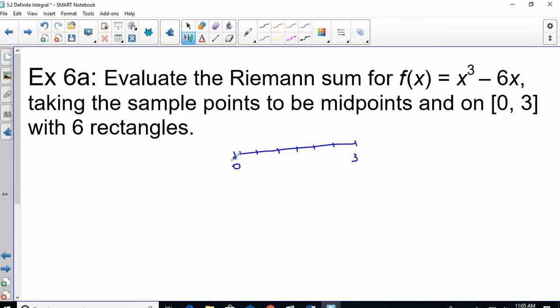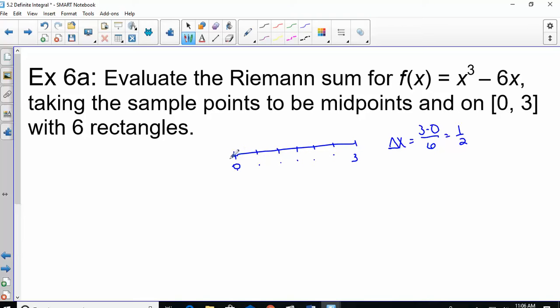If I were asking you to do a left or right hand sum, or the over and under estimate, the first thing you did was find your change in x. So 3 minus 0, we're splitting it up into 6 rectangles, so that's 1/2. If I said I wanted the left hand sum, then you would use 0, 1/2, 1, 1.5, 2, and 2.5.